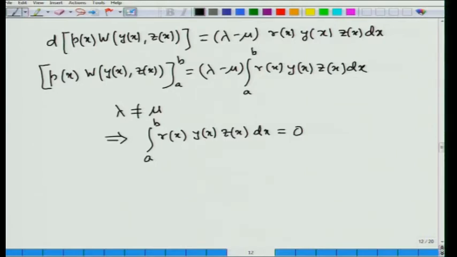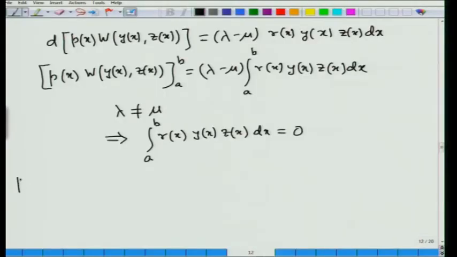Next, we are going to prove that for a particular Sturm-Liouville boundary value problem, we are able to find two non-trivial solutions, that means eigenvalues and eigenfunctions, and if two eigenfunctions correspond to two distinct eigenvalues, then those eigenfunctions are actually orthogonal functions.